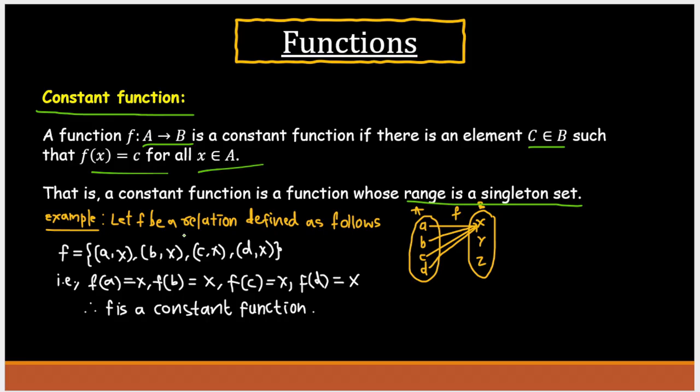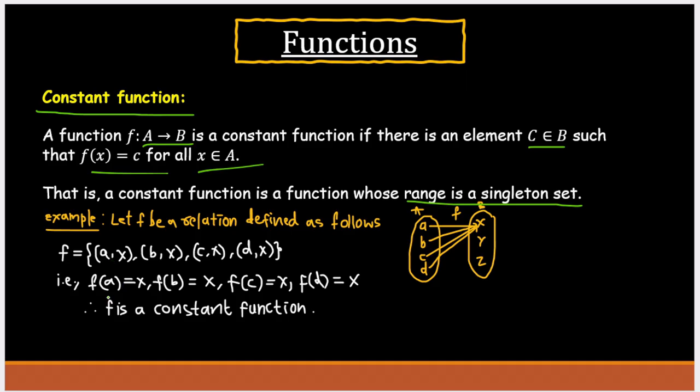Let's see an example. Here f is a relation defined as follows. A set A and set B. Set A has a, b, c, d as elements and set B has x, y, z as elements, and here every element from set A is mapped to only one element x from B. So we can write this function as f is equal to {(a, x), (b, x), (c, x), (d, x)}.